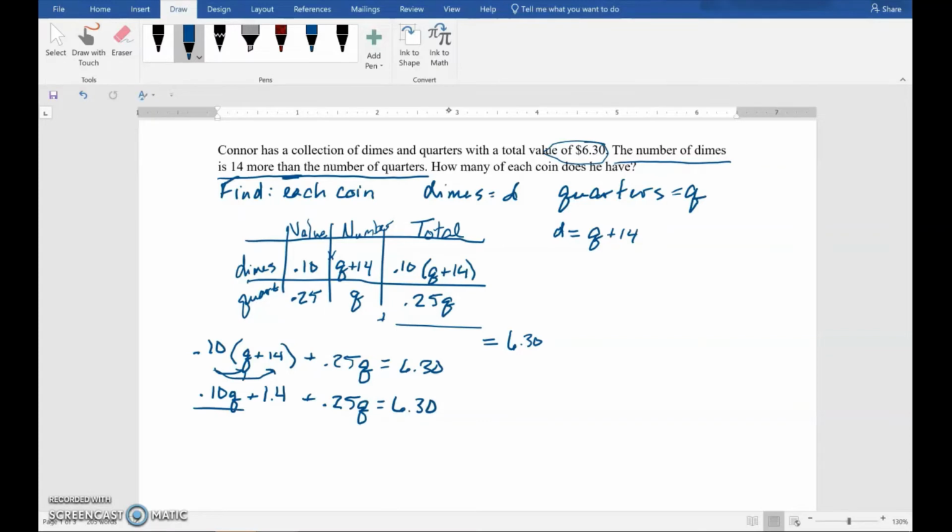We're going to combine like terms. In this case, we're going to subtract 1.4. Remember, when we're subtracting, we're lining up that decimal point.